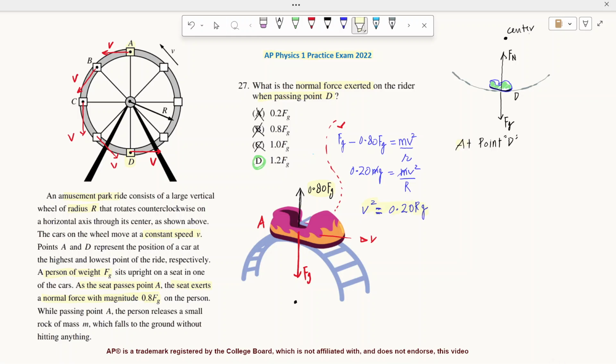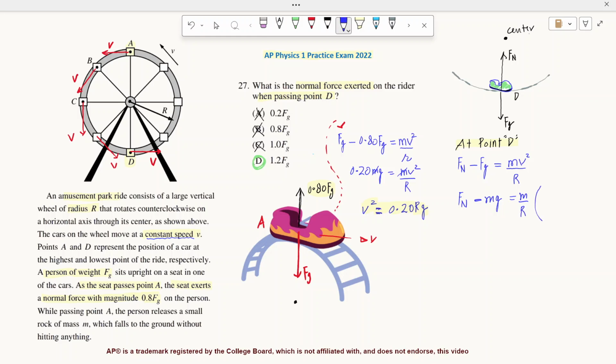Now we are proceeding towards the point D, and we will write the normal force minus the force of gravity equals mv squared over r, right? Since they said in the question it is moving with a constant speed, you can plug the value here. The normal force minus mg equals mv squared over r.